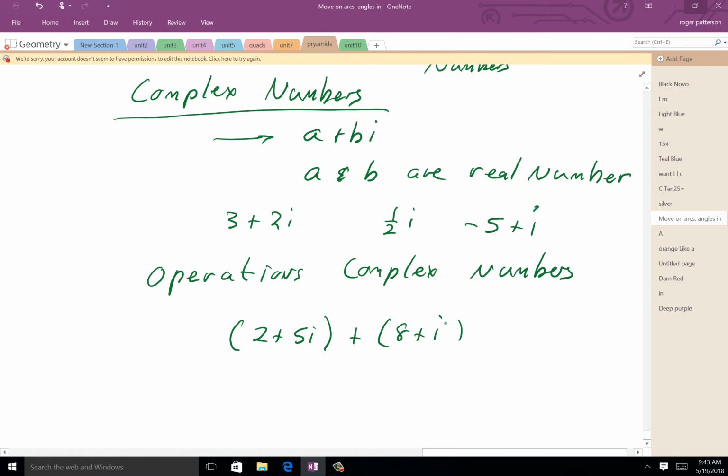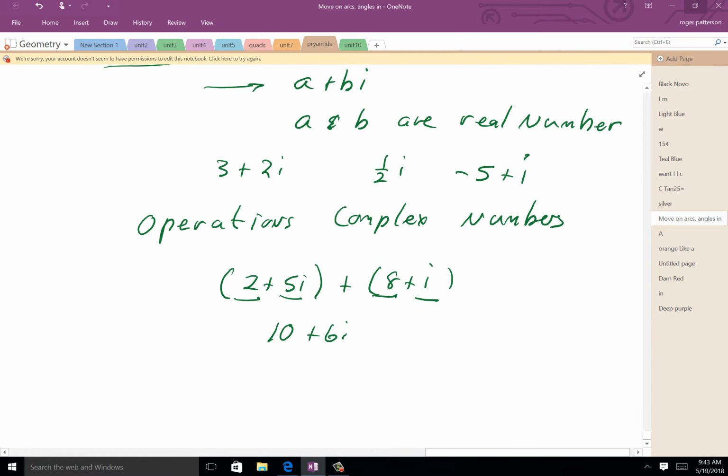Adding these is really simple, and I bet if you just looked at it, you'd probably get the answer. You're just going to add the real parts and add the imaginary parts. That's it. And you can't combine a real and imaginary, just like you can't combine a number and a variable. You learned that a long, long time ago. So that's it. Add the reals, add the imaginaries.